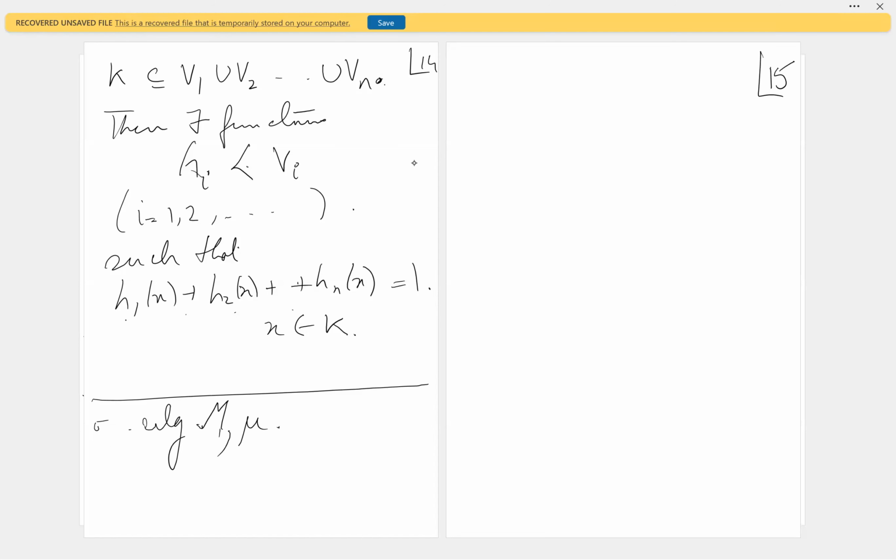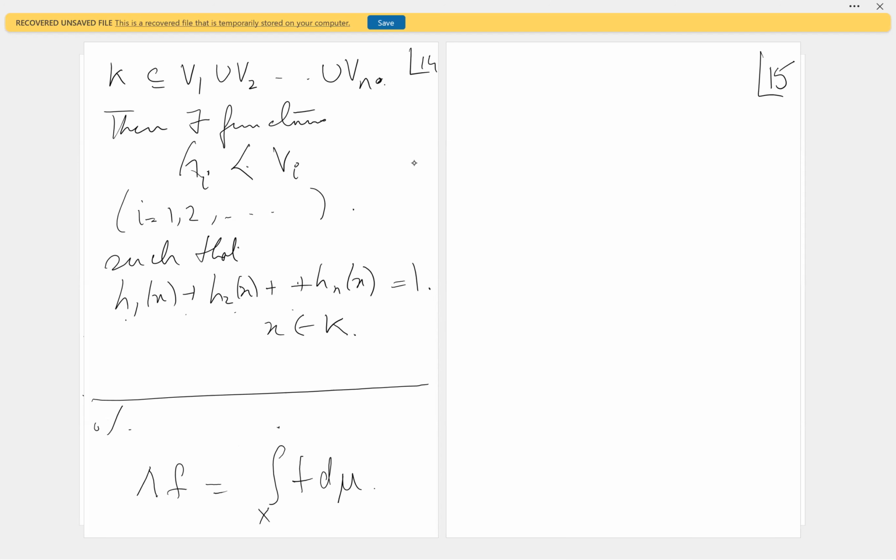Those are the essential parts of that proof. And of course, show that the functional I'm talking about can be represented in terms of the integral.